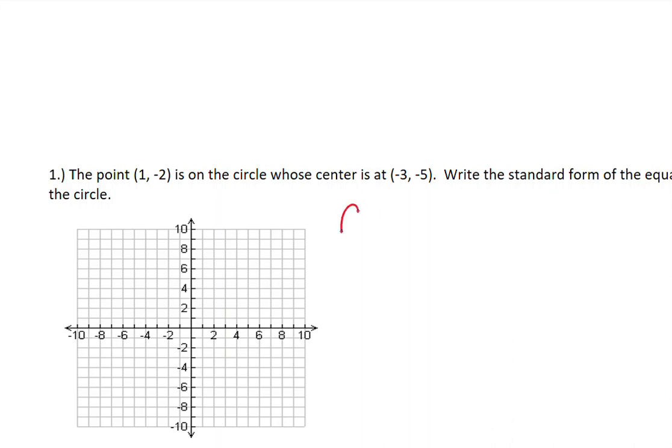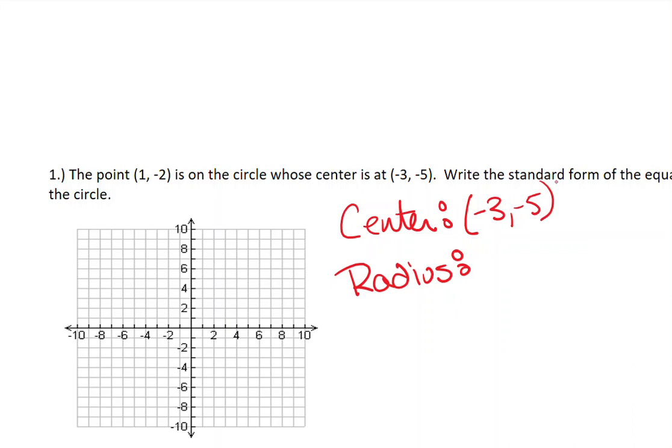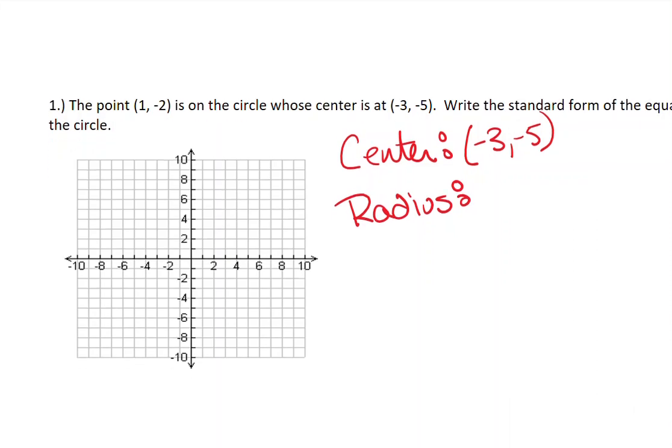So again, like we just said, we want a center, and we want a radius. Do I have either one of those? We have the center, which is -3, -5. So we're missing the radius. What we're going to do is calculate the radius. How would you do that? Distance. Let's look at this on the graph.